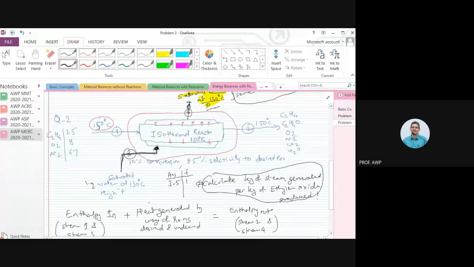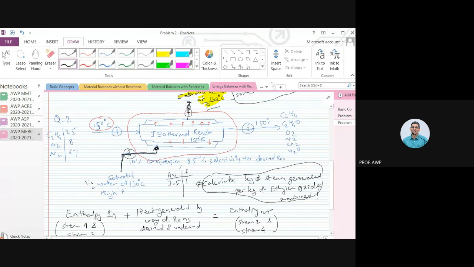It's a lot of steam. So if you're making, let's say, 100,000 tons per year, you will get 350,000 tons per year of steam. Ethylene oxide is a huge commodity chemical.